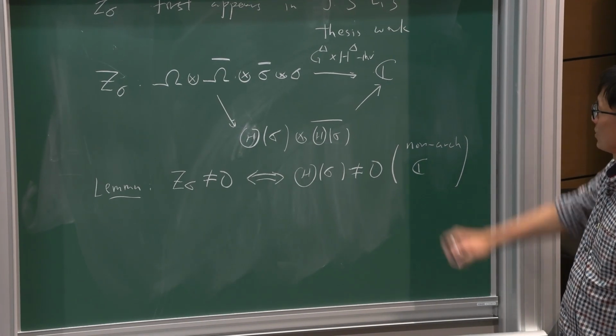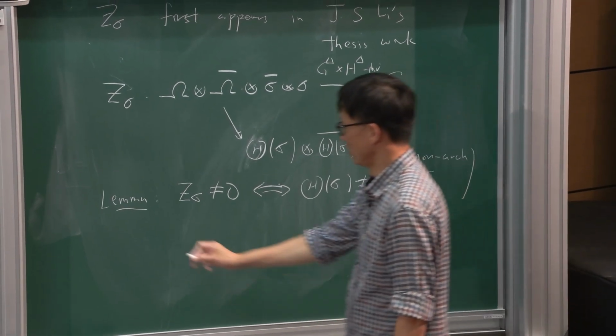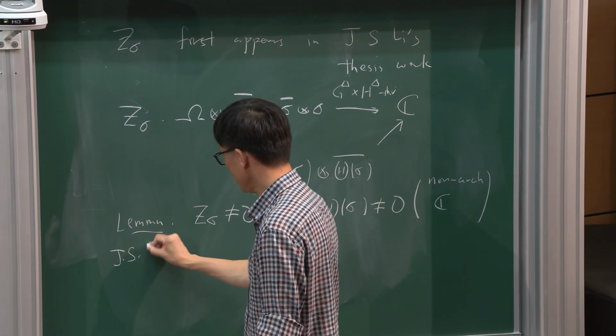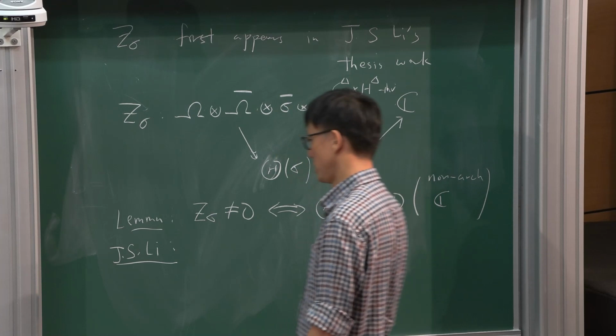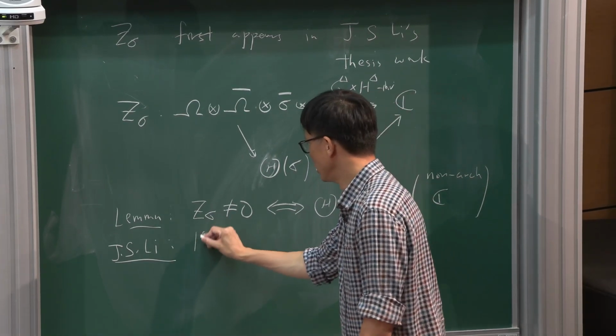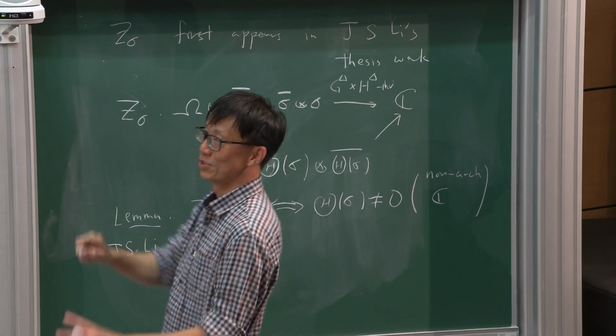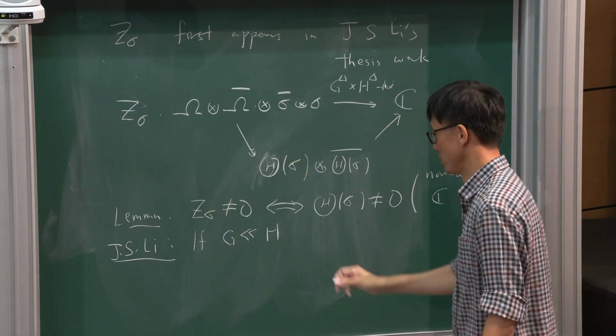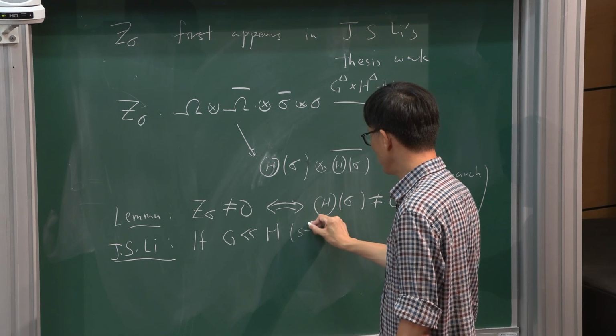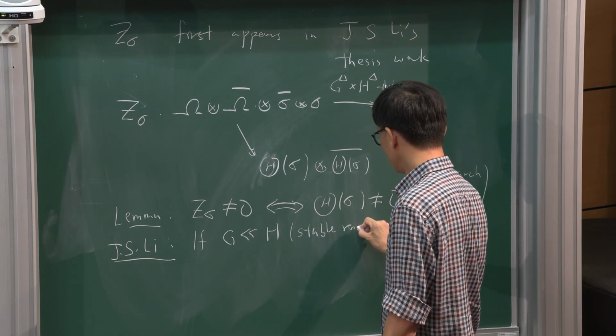So in this context, what Li showed in his thesis work was that under this hypothesis, that H is much bigger than G, actually, let's give this a name. This is called the stable range.